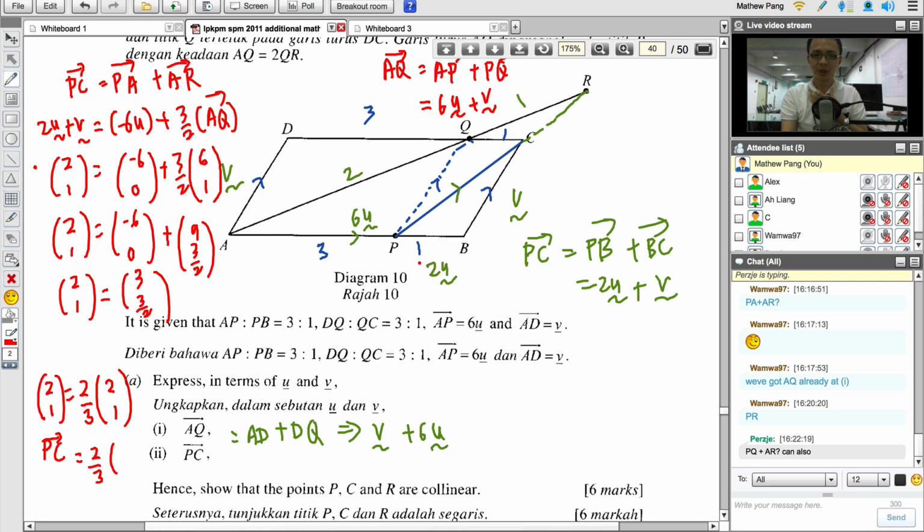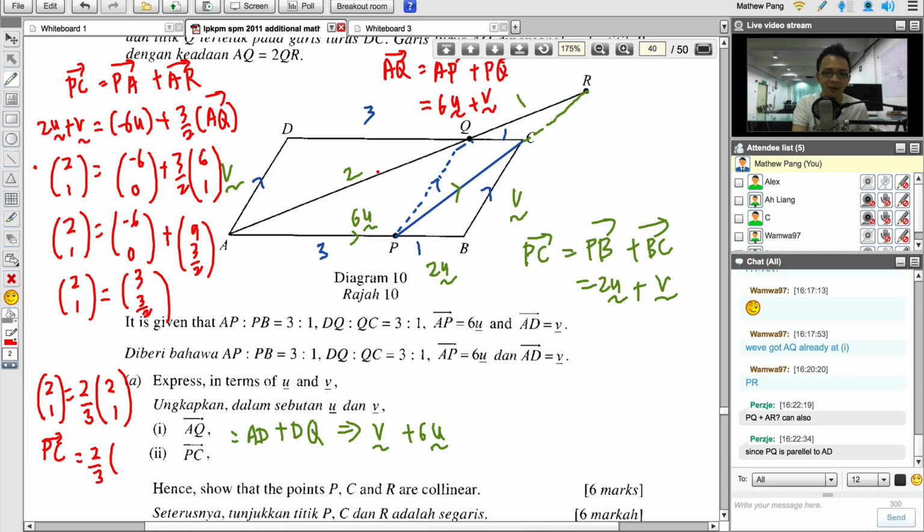We just need to find AR. We find the AR already. We have to use the lambda thing to do this part. Okay, I have to wake up. Alright, so we got AR, right?